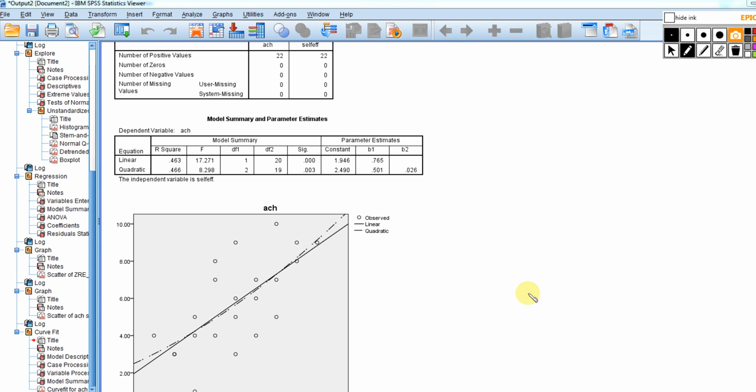I'm not going to go into that in this video, but I wanted to let you know that there is that assumption as well. The basic idea of the independence assumption is that the residuals are randomly and independently distributed, and as you can see with our residuals plot, the residuals seem to be distributed randomly and independently. So I would say that assumption appears to be met with our data here as well.